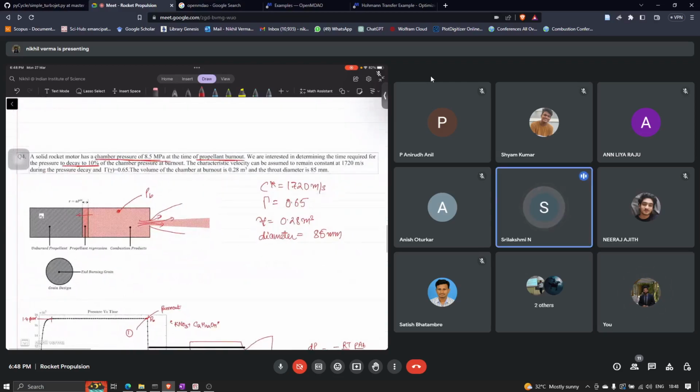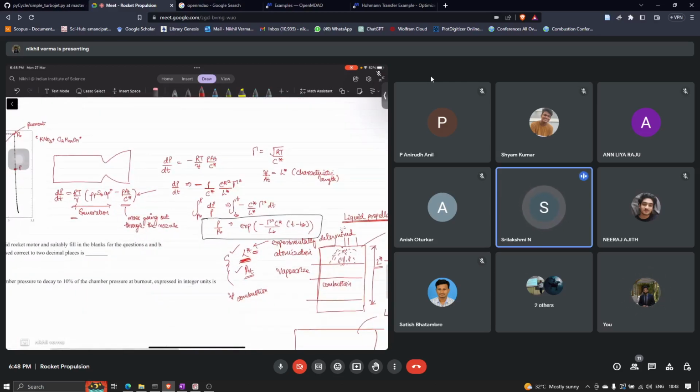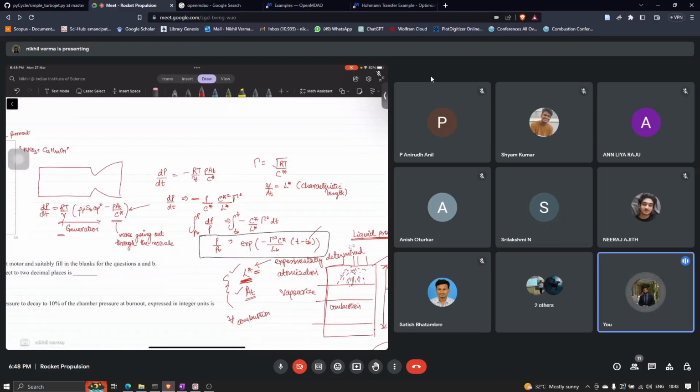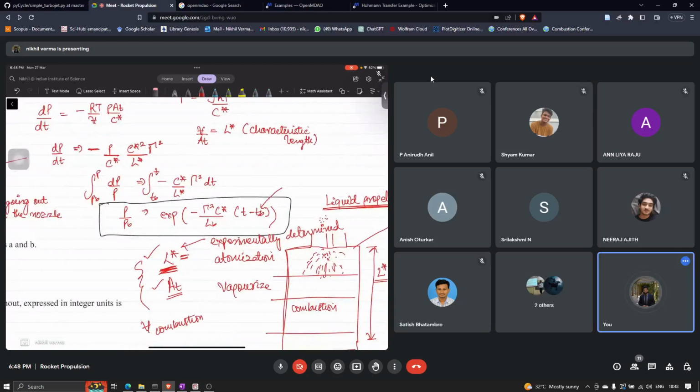Sorry, one question before that, on the previous question. If you can please scroll down, where we calculate this P divided by P_b. Here we don't know P and P_b, both are unknown. Similarly T and T_b. Okay, T_b you can take as a reference point, so you can take it at the burnout.